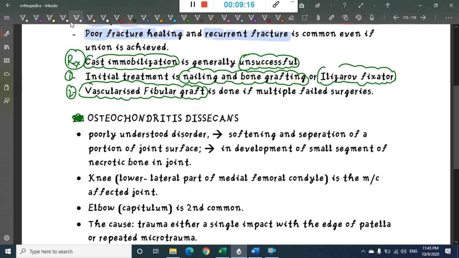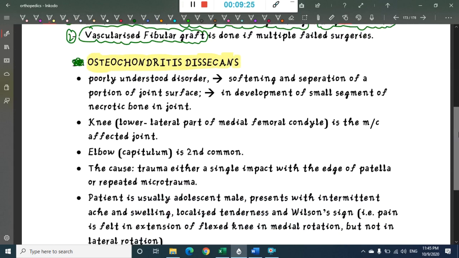Then after pseudoarthrosis, let us now learn about one more disorder, which is osteochondritis dissecans. What is this osteochondritis dissecans? We don't know why, but softening and separation of a portion of the joint surface occurs, and this leads to the development of necrotic bone in the joint.